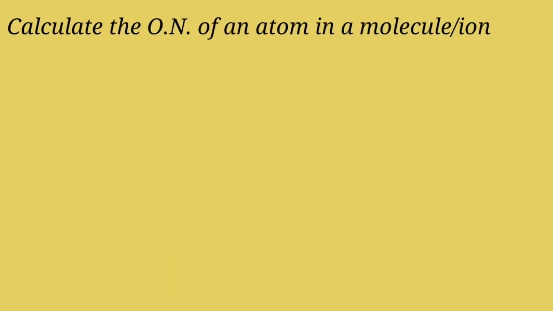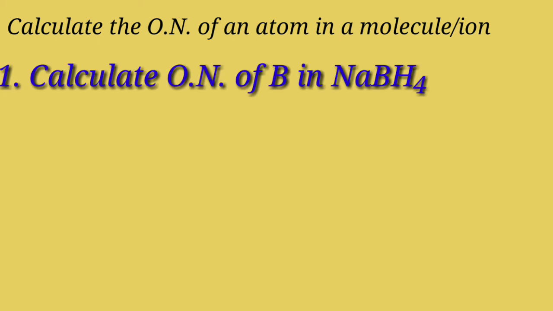Students, now let us try to calculate the oxidation number of an atom in a molecule or ion. For example, sodium borohydride. Over here, we need to calculate the oxidation number of boron in sodium borohydride. Sodium, being an alkali metal, has an oxidation number of +1.